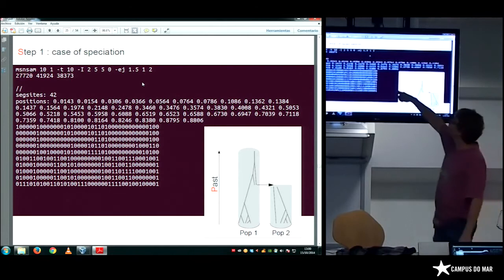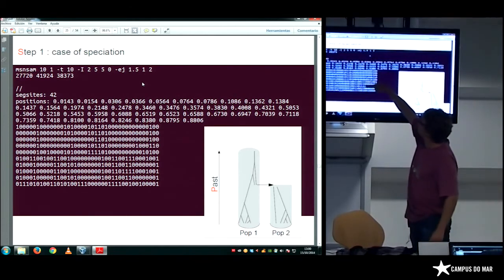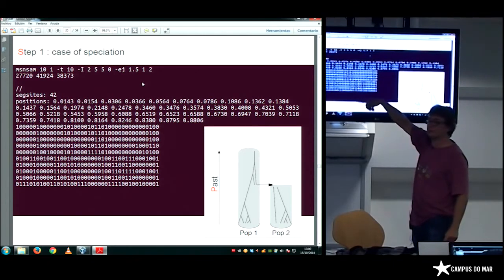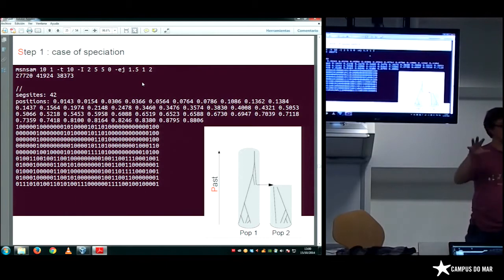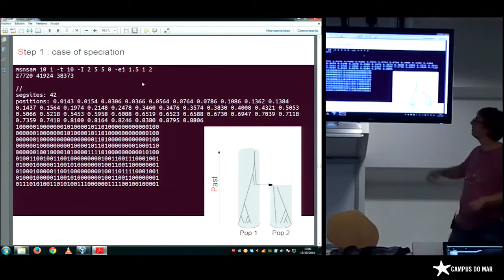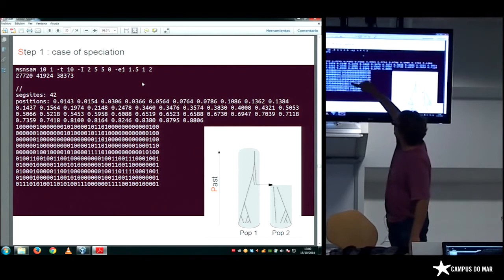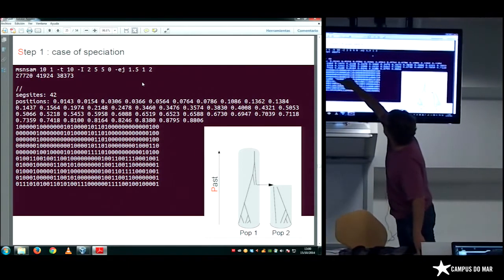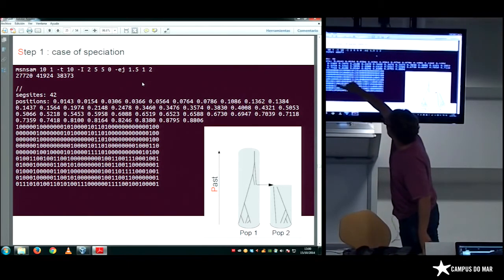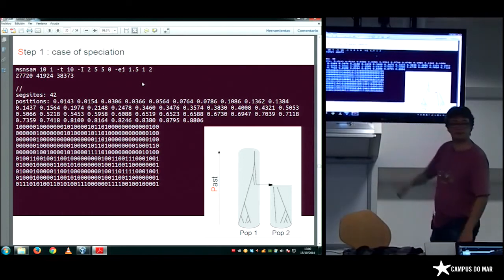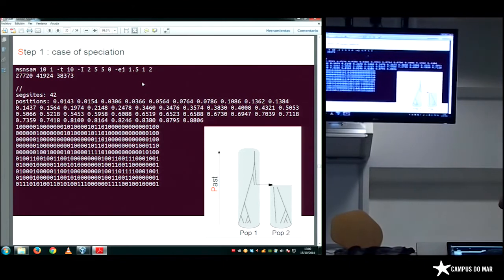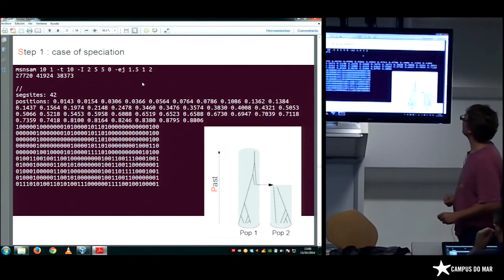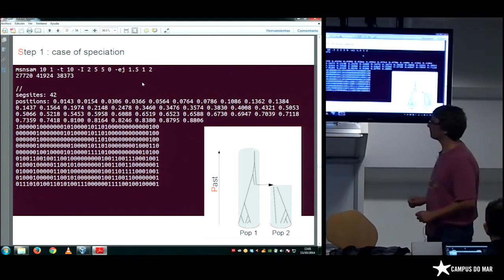And here you see that without gene flow, you obtain many fixed differences between populations, because everything coalesces within its own population. So you begin to see fixed differences here, or high frequency of derived alleles, so much more differentiated populations.